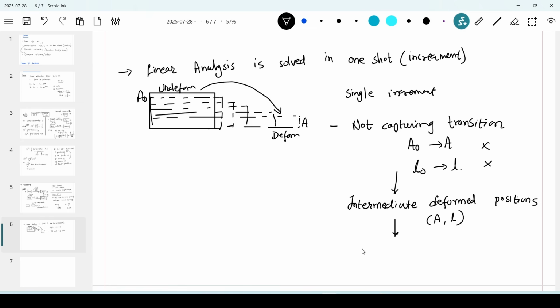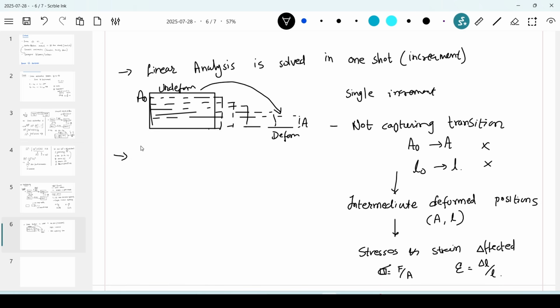This will affect the results, like stresses and strains, because we know these stresses and strains have area and length. So this is linear analysis.